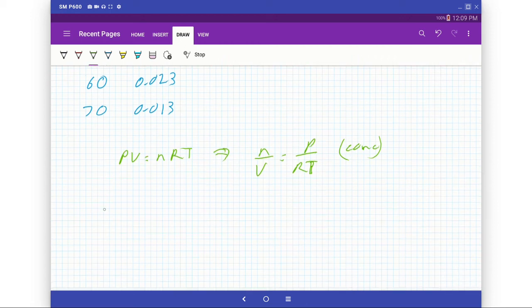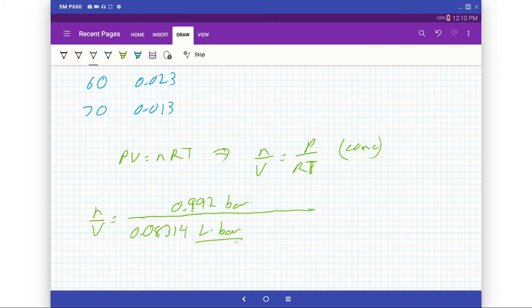So to apply this to 0.992 bar, I have N over V equal to, and the appropriate value of R that cancels out with bar is 0.08314 liters bar per mole Kelvin, and we're working at 365 Kelvin.